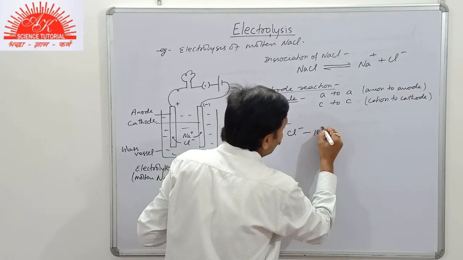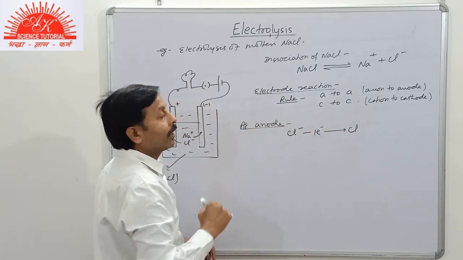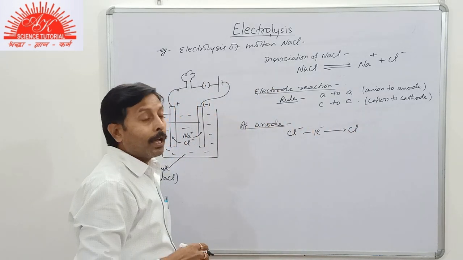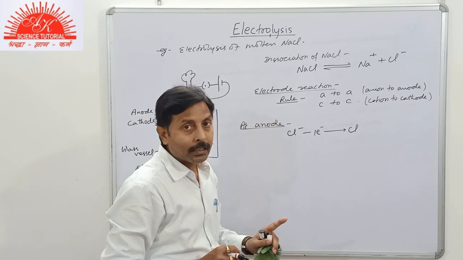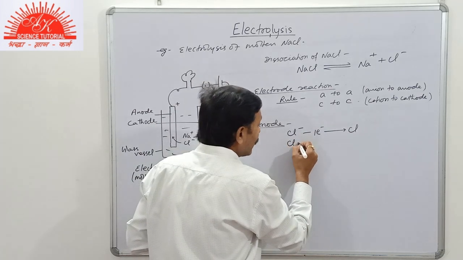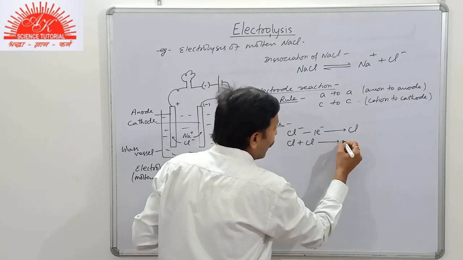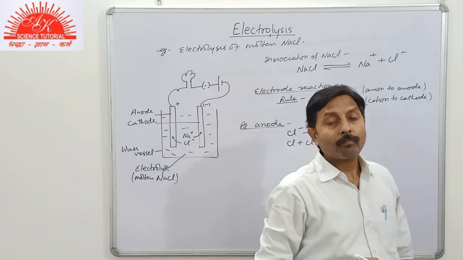So the chloride ion loses its one electron and becomes neutral. This is called discharging of ion. Now again we see that chlorine is a diatomic gas, so it will not exist in free state, but it combines with another chlorine atom and Cl2 gas will be released.